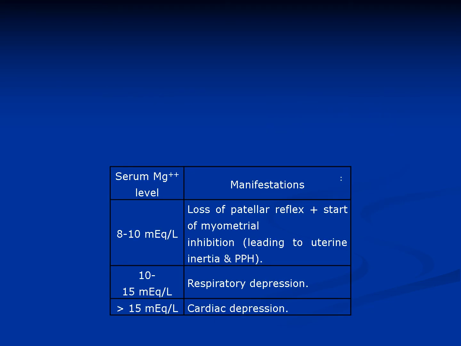This is the serum level of magnesium sulfate according to the manifestation. There is a narrow limit between the therapeutic and the toxic dose: above 15 milliequivalents per liter leads to cardiac depression, and from 10 to 15 leads to respiratory depression. So this must be well monitored.